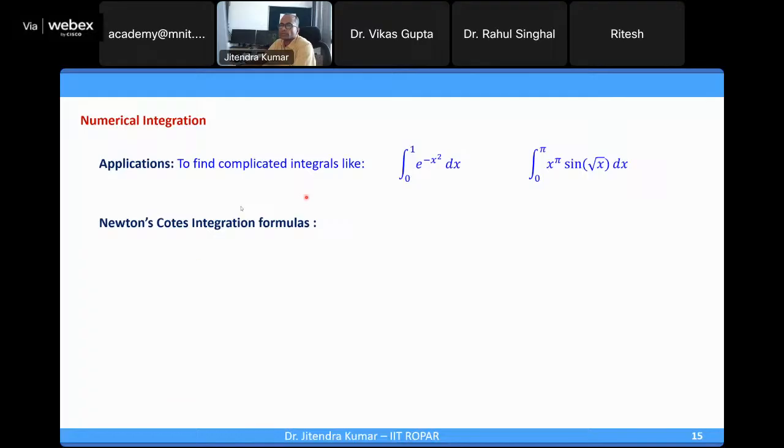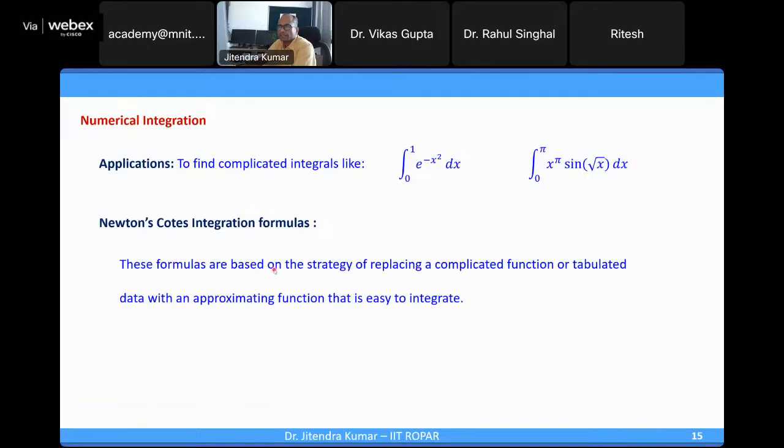So this Newton-Cotes integration formula is basically based on the strategy discussed earlier: replacing the complicated function, or maybe the data given at different points, with an approximating function that is easy to integrate. So we want to have a corresponding function, for example, for sine square root x, or maybe e power minus x square.